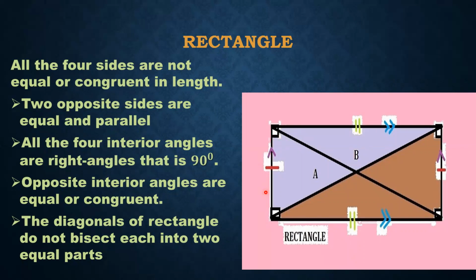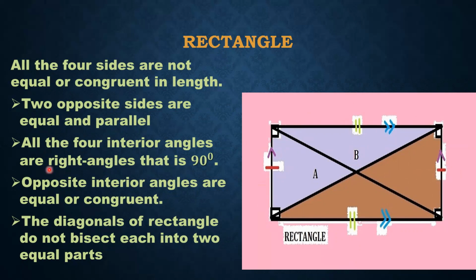And when you come to the vertical opposite lines, they are also the same. They have one indicator, which shows that this line and this line are the same. Though it has four sides, not all the four sides are the same. The two opposite sides are the same.